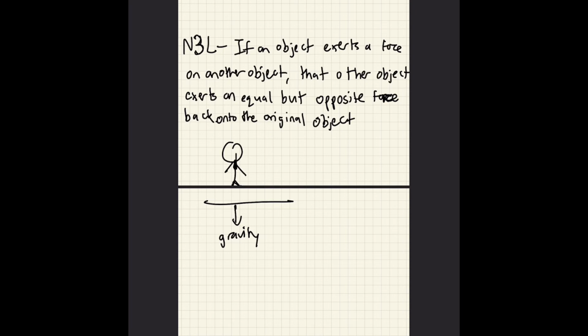It also pushes on me with the same equal force. And this force is called the normal force, which we denote by N. Okay? So that's what that means. And you can feel this as well. If you stand on the floor, you don't just go through the floor. You feel the floor pushing back up on you. And that is the normal force.